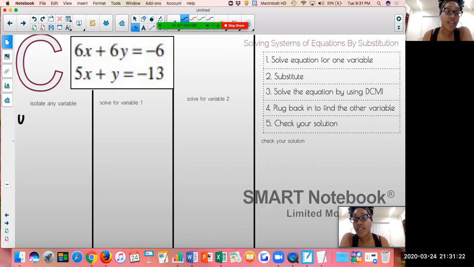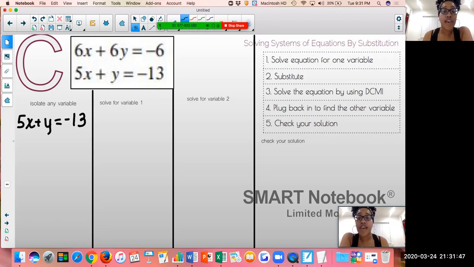We want to get this equation to be in a different format where y is all by itself. So I'm going to rewrite the equation: 5x plus y is equal to negative 13. What we're trying to do is get y all by itself on one side of the equal sign.